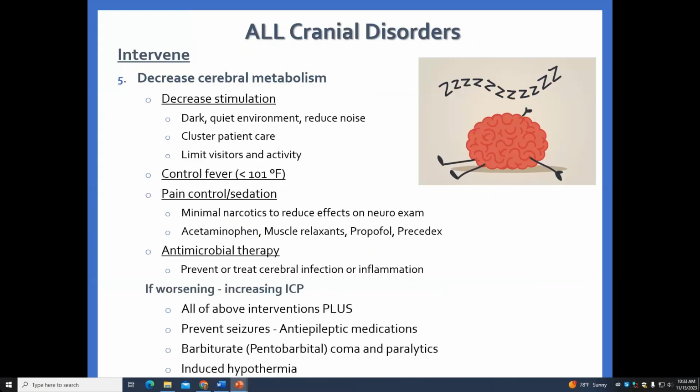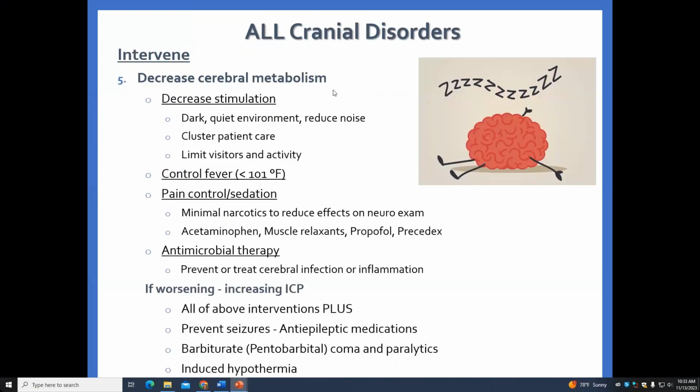But if we can stop all that non-firing in there, that is causing more swelling because the brain is working underneath all this trauma. If we can shut down some of that synaptic firing, then there will be less swelling because there's less activity going on in the brain. This will help decrease ICP as well.